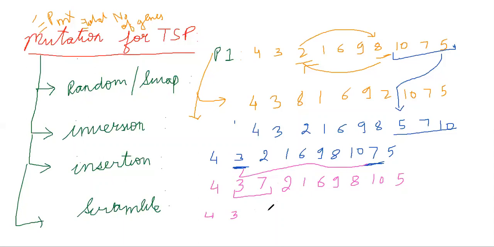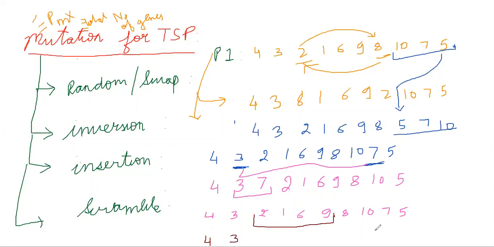Again I am going to rewrite my original chromosome. Okay, so again I select a part of my chromosome, a substring or a subpart, and rest of the positions I am going to write as such.